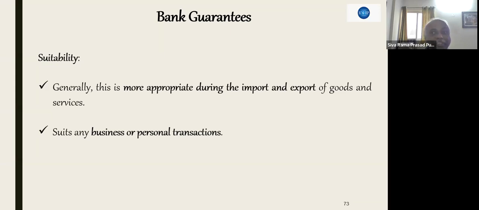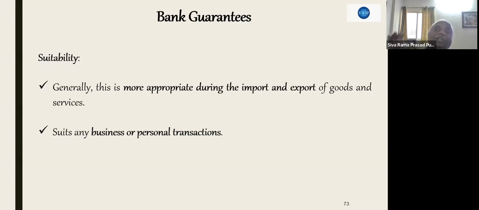That's why I told initially also, not domestic LCs, export and import LCs are governed by the Uniform Customs and Practice for Documentary Credits, that is the UCPDC 600 brochure, developed by the International Chamber of Commerce, Paris.